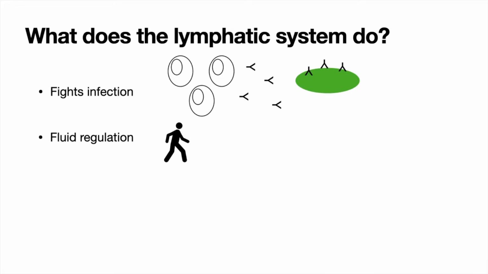So this interstitial fluid will move from the arteries and will bathe those cells with nutrients, and then it can be reabsorbed back into the arterial system. Now, the majority of it will be reabsorbed into the arterial system. However, some of it will still remain around the cells. And it's important that the lymphatic system is able to mop up that extra fluid. Otherwise, it can build up and lead to edema.